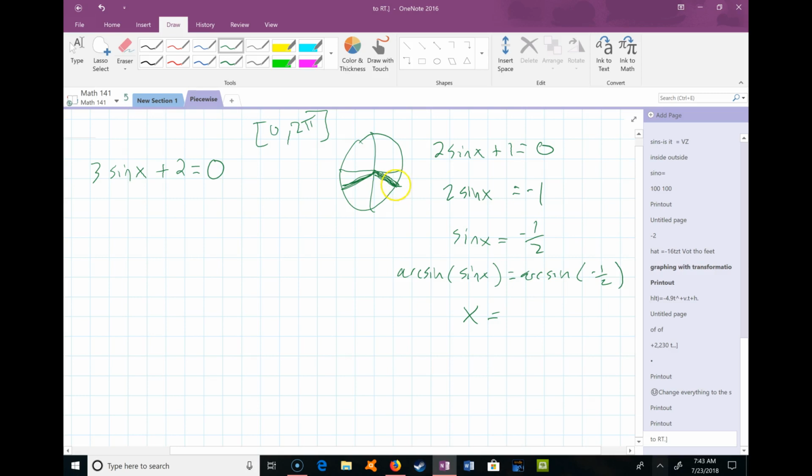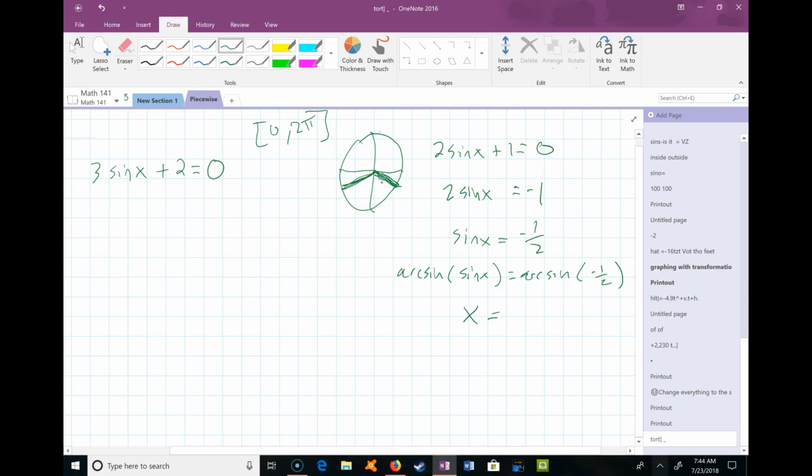But because of our knowledge of the unit circle, we know that these two spots have a lot of different names. In other words, I could go negative pi over 6 to get here, or I could go 11 pi over 6 to get here. Or for that matter, I could go all the way around and then all the way around again to there, which would be 23 pi over 6. So there are a lot of different ways I can get to this terminal location, a lot of coterminal angles.